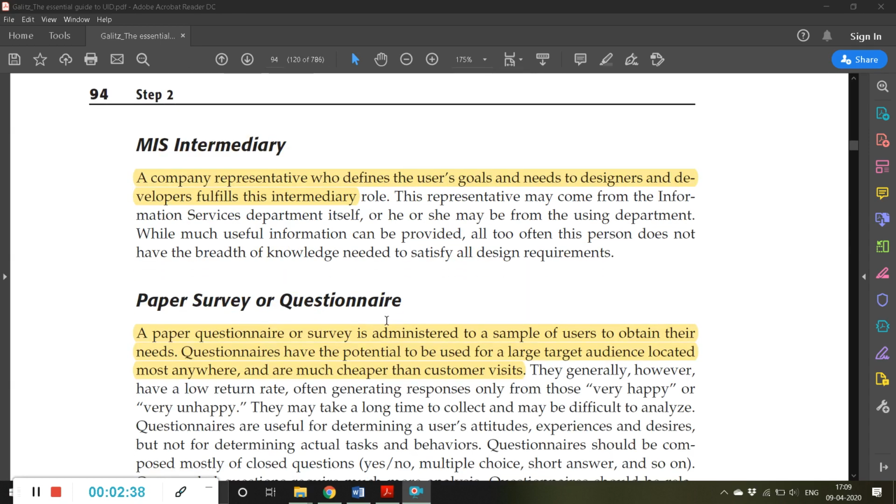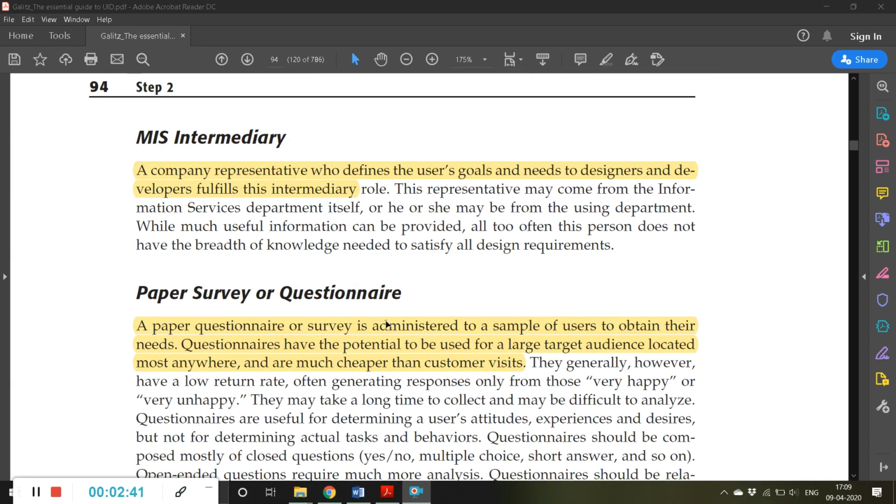So let us discuss them one by one. The first one is MIS intermediary. MIS stands for Management Information System. That's what I already told you yesterday. A company representative who defines a user's goals and needs to designers and developers fulfills this intermediary role. Here a company representative himself defines the user goals on behalf of the users, and the needs of the users, to designers and developers to fulfill these goals.